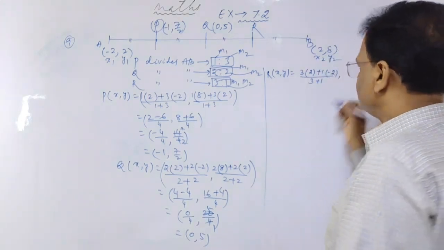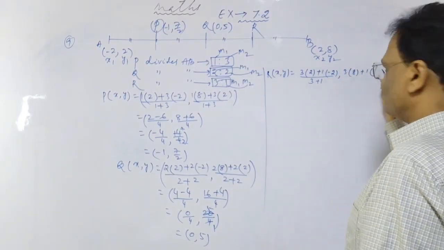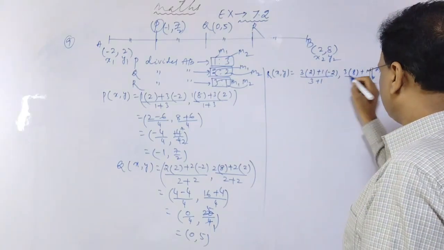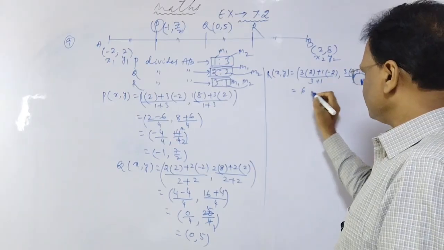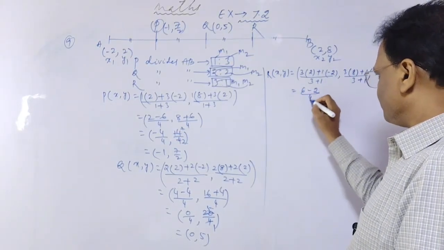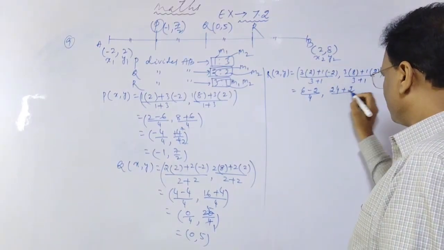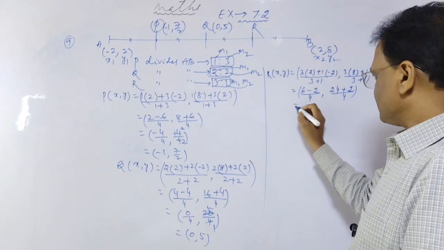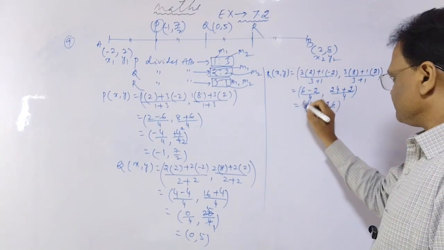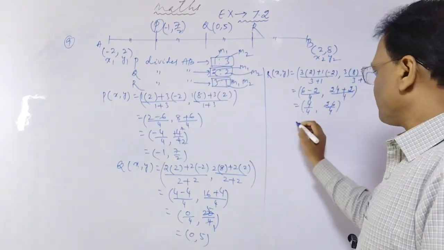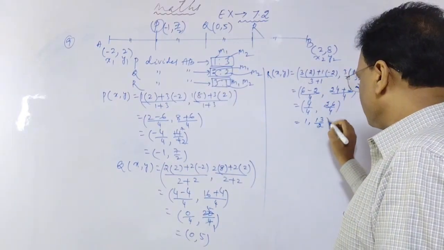Again m1 y2 plus m2 y1, with y1 being 2, divided by 3 plus 1. Simplifying: 3 2s are 6, minus 2 1s are 2, by 4; 3 8s are 24, 2 1s are 2, divided by 4. 6 minus 2 is 4, 4 by 4, and 26 by 4. Further dividing, we get 1 and 13 by 2.